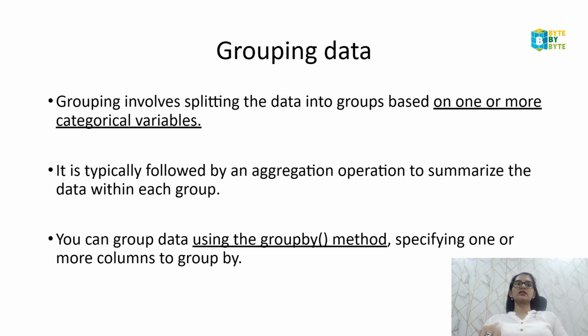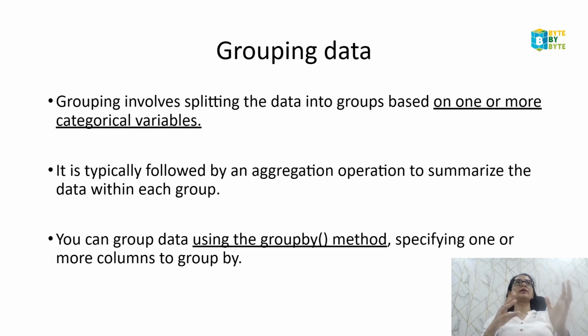Now, first of all, we will see what is involved in grouping. Grouping involves splitting data into groups. As the name suggests, it involves splitting data on the basis of groups, on the basis of one or more categorical variables. This is nothing but grouping.